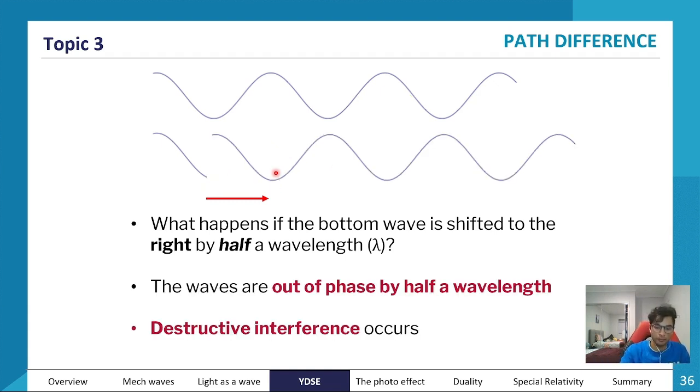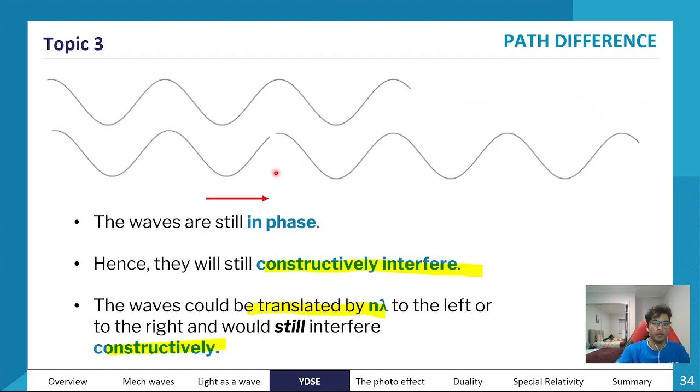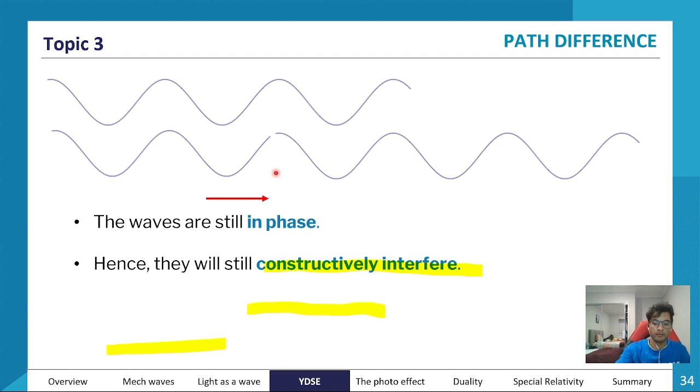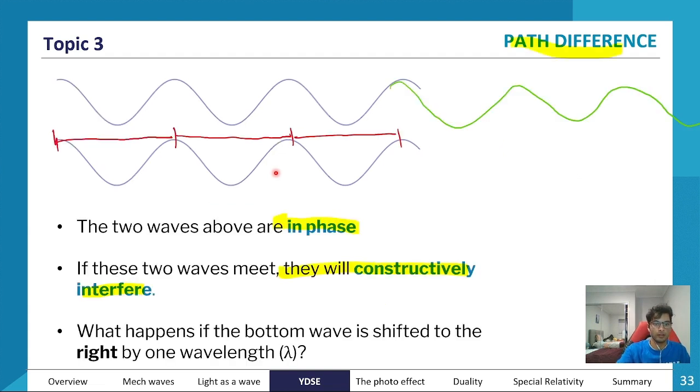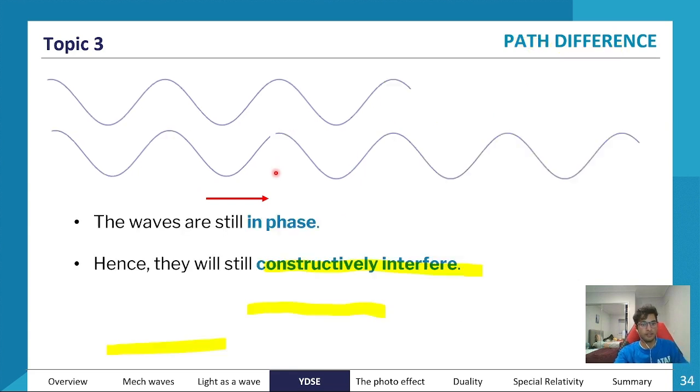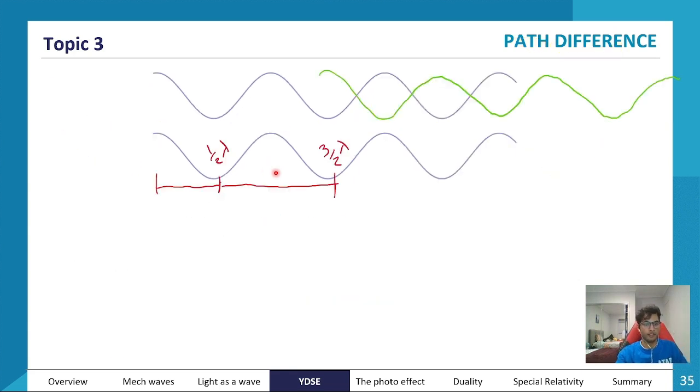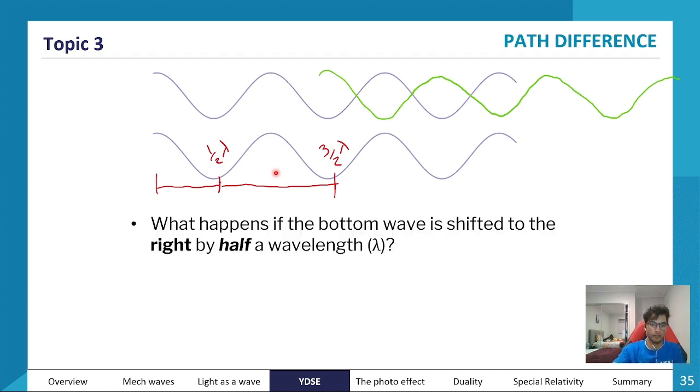So when this happens, we say that the waves are out of phase. You can sort of think of phase as like out of sync. Before, since the waves were going in sync, it creates constructive interference. But since these two waves are out of sync by half a wavelength, it creates deconstructive interference.